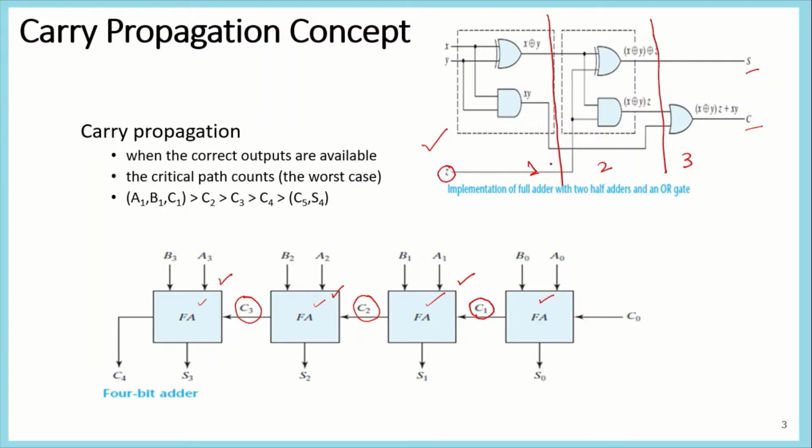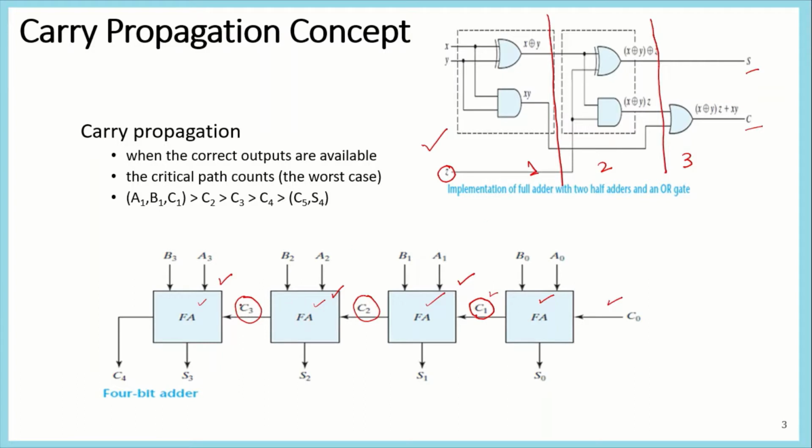From the second level, what we have to do is wait for the Cin term, because the second level of each full adder depends on it. So after the first level, every full adder needs 2 levels more of delay. So for the carry to be generated from input to output, we may need about 2 unit delay from this part to this.